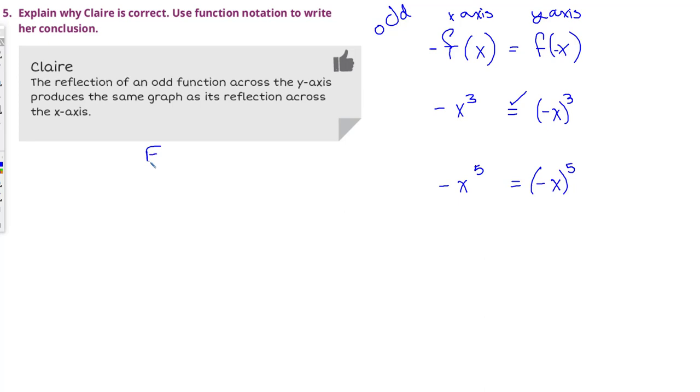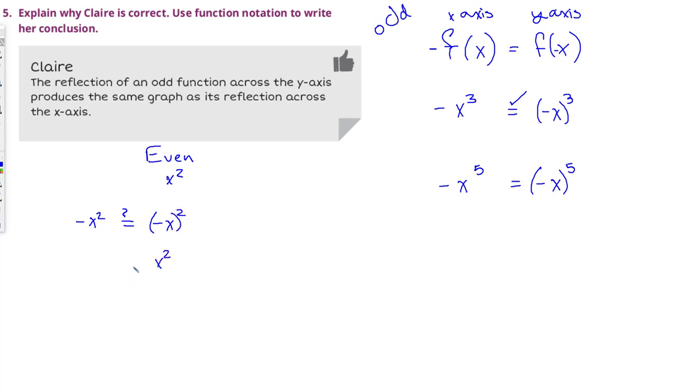So even, would it work the same way? Let's take an even function. What's the one that we said was even? Quadratic, so x squared is even. So if I put a negative x squared, does that equal a negative x raised to the second power?